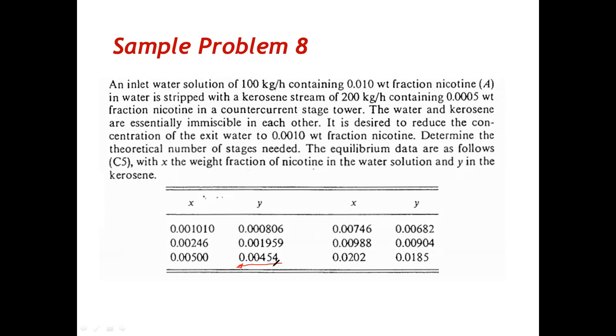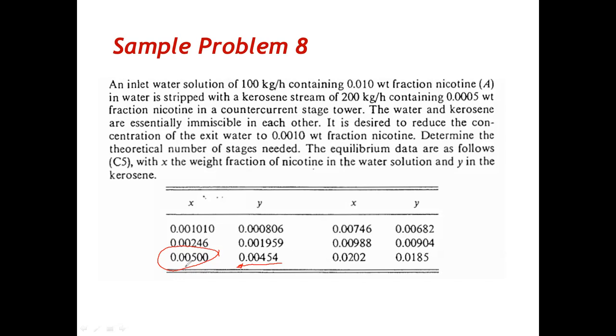But nonetheless, we will not interpolate anymore because we know for one that this is not a straight line that we're talking about. So we will just approximate by directly using the X value for the Y, which means that this is the equilibrated concentration of the raffinate for this corresponding extract layer, for example. So this is your extract layer and this is your corresponding raffinate layer composition in equilibrium with it.